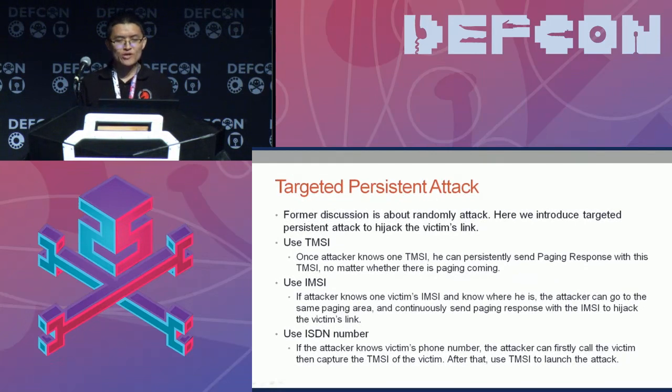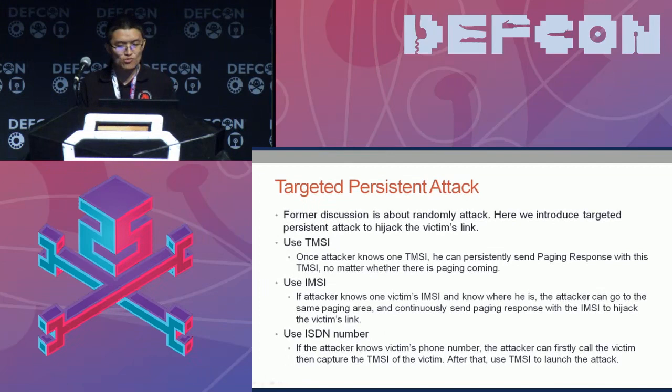Or we could use the ISDN number, also known as the cell phone number. In this case, we know the victim's phone number. We can call the victim and capture the victim's TMC in the air. Then we can launch a targeted attack via the previously mentioned attack method.